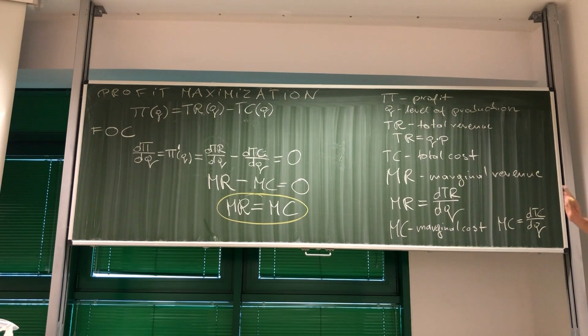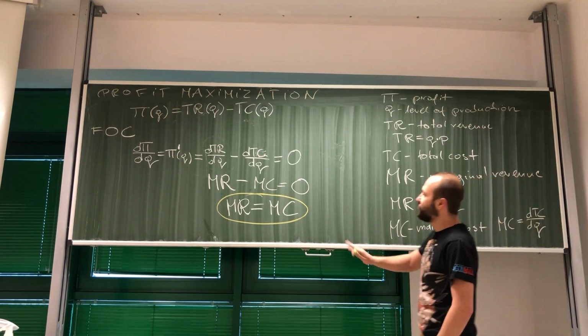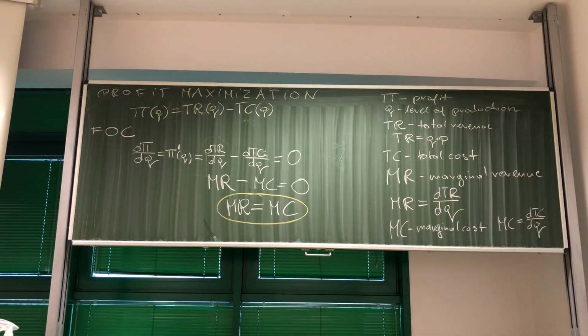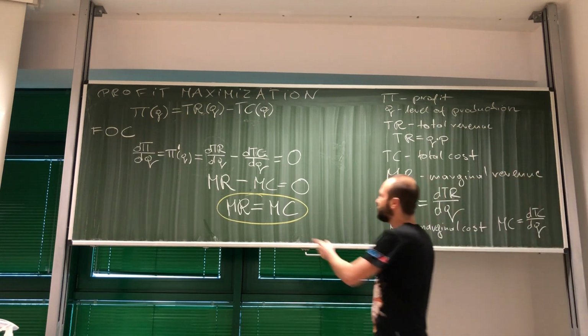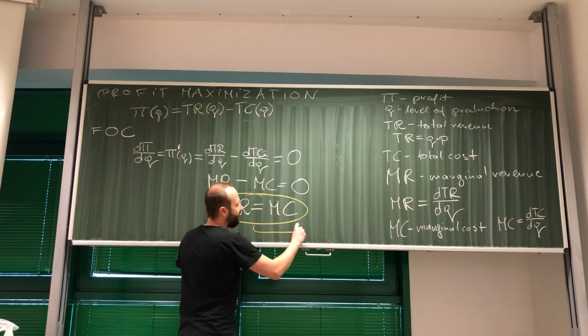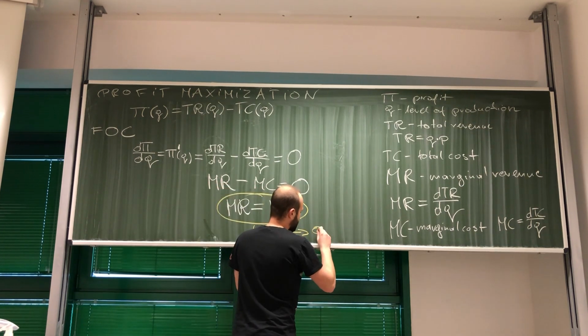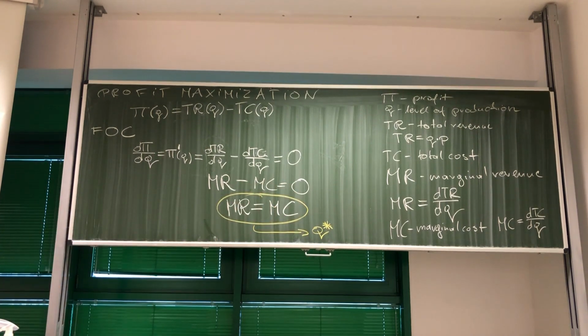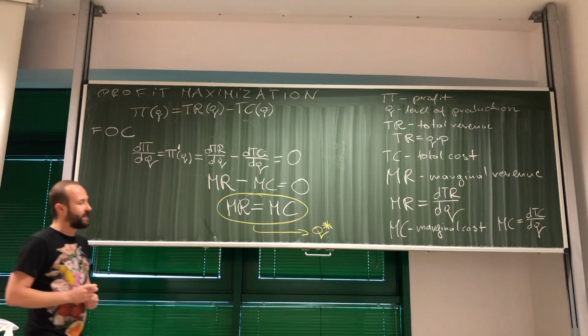And look, if we had here, instead of general expressions like marginal revenue or marginal cost, some specific expressions, we would be able to solve this equation, and out of it we would find the level of production that would maximize our profit. We will denote this Q with an asterisk.